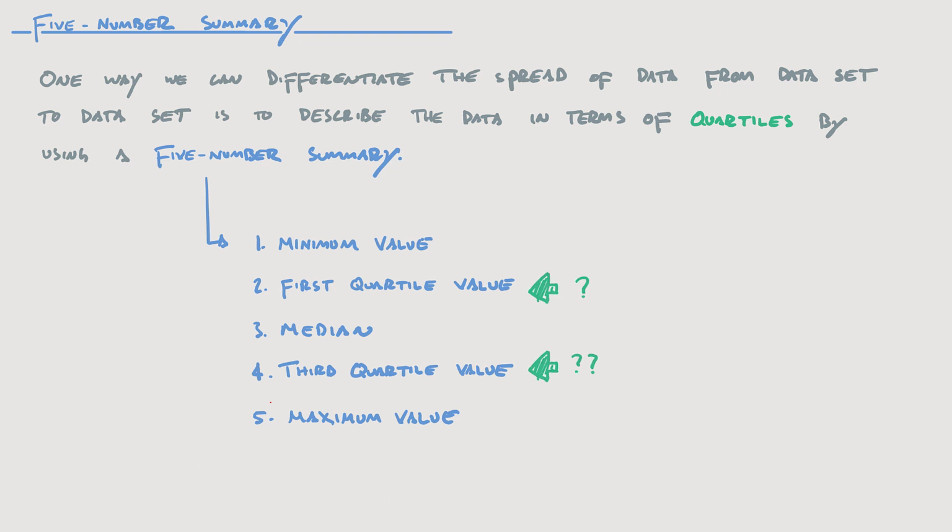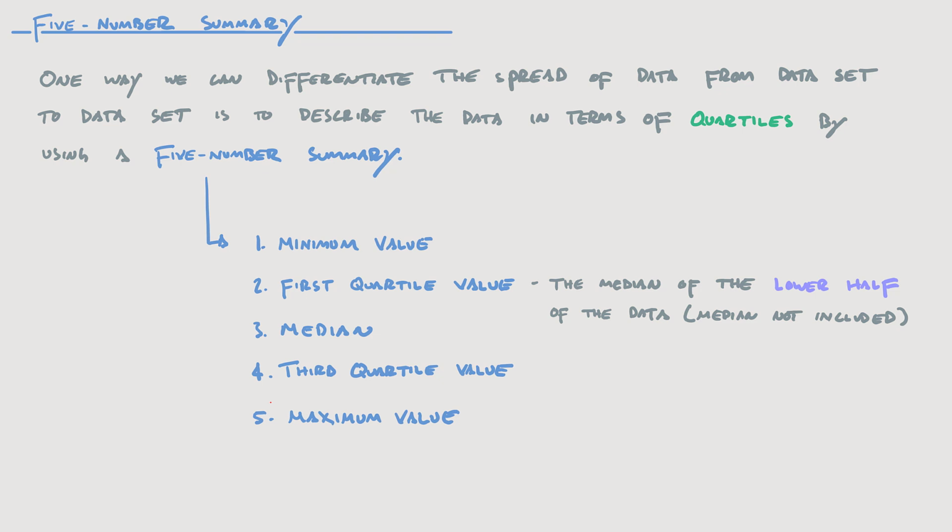So, okay, how do we find these other things, right? We know minimum, median, and maximum are relatively straightforward enough to find, but how do you figure out what the first quartile value is and what the third quartile value is? And as it turns out, those things are also medians. The first quartile value is the median of the lower half of the data.